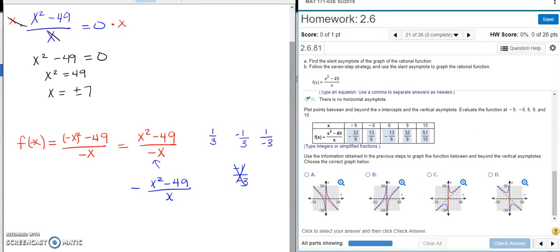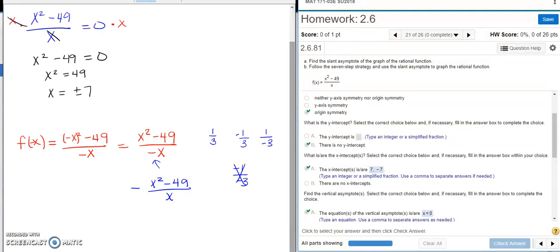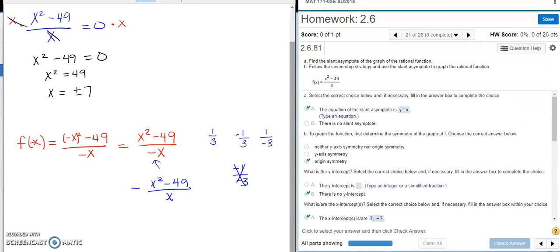All right, so use the information obtained in the previous steps to graph the function. So we know, first off, that it should have two x-intercepts. We know the vertical asymptote is at 0. We know that the line y equals x is our slant asymptote. So if you're not sure, y equals x is a very specific line.